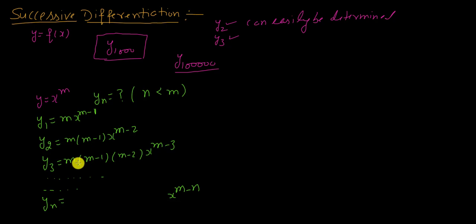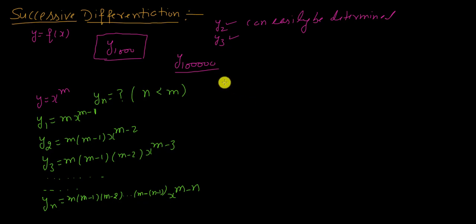Fine. And the coefficient will be m, m minus 1, m minus 2, and it will continue up to one less than n.